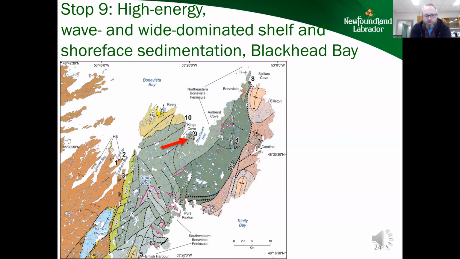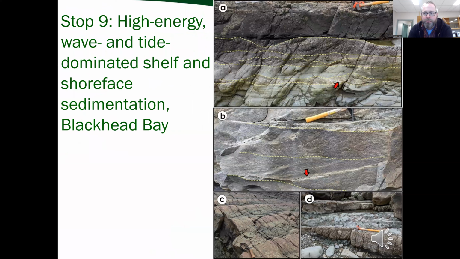Taking you now a little bit to the west towards Keels, near Blackhead Bay, number 9. Here we see strata within the Rocky Harbour Formation that show more of a marine influence. Specifically, we're looking at similar types of compositions of clasts, but here we see things like bidirectional flow.